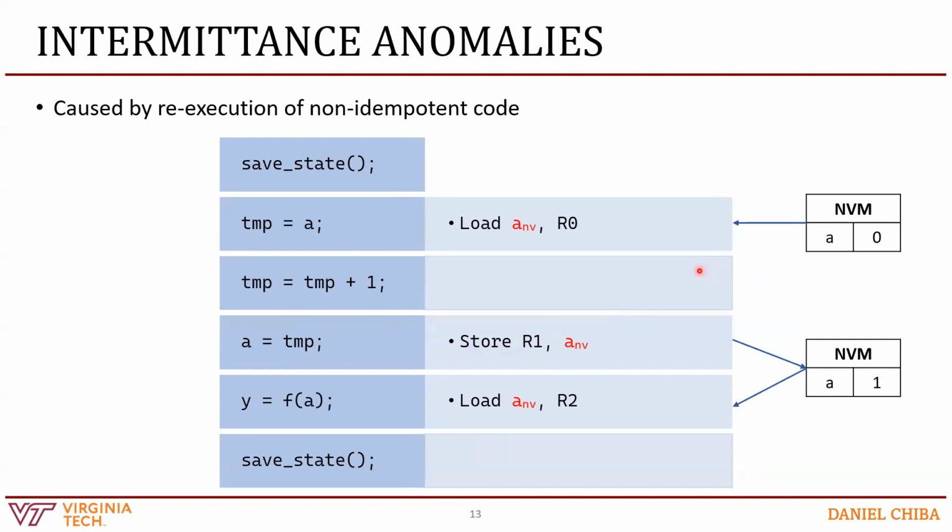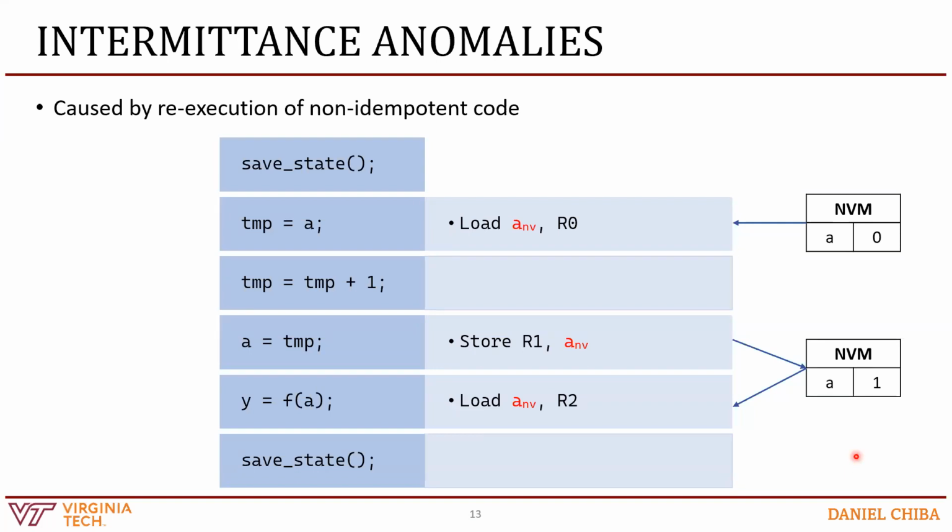When we load A from non-volatile memory, it's initially 0 in this case. We increment it, and when Alfred finds out that A equal to temp is the last operation to write to A, it will store it to non-volatile memory. So because it's been incremented, its value is 1. And y equal to f of A should use the value 1, right?